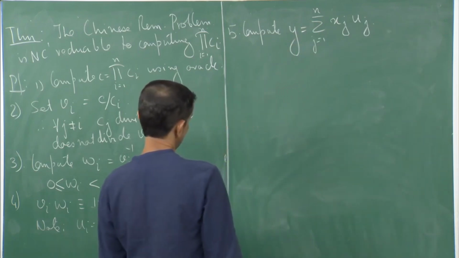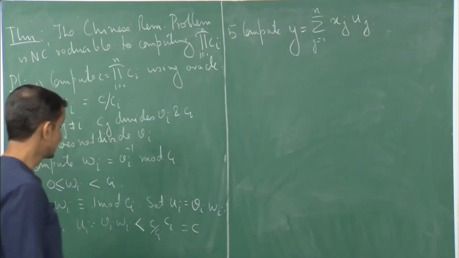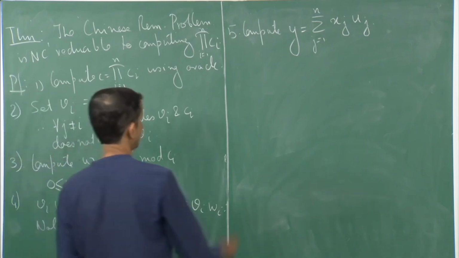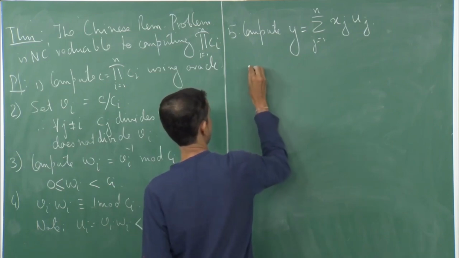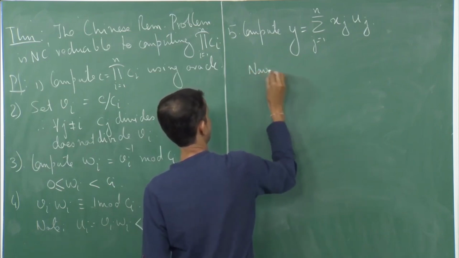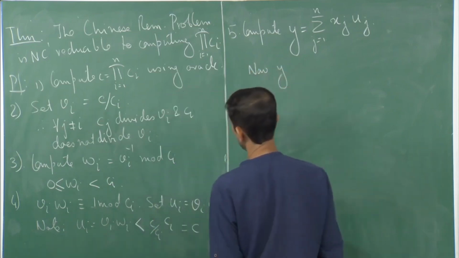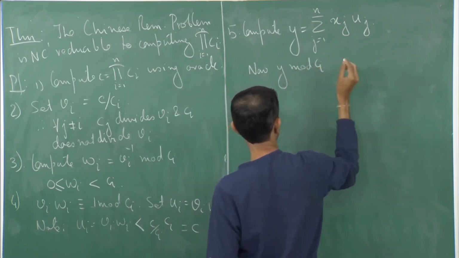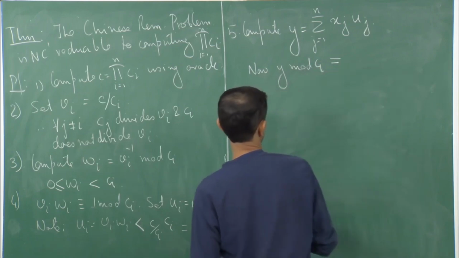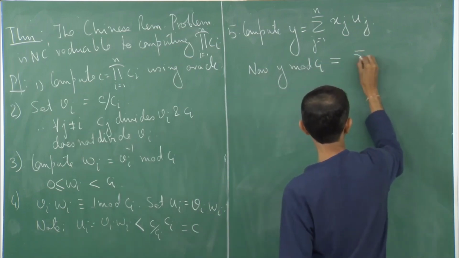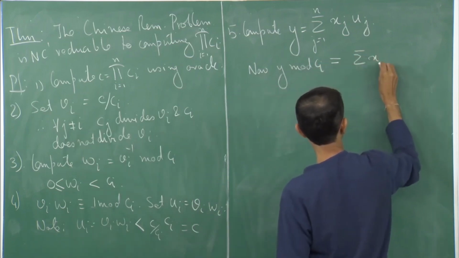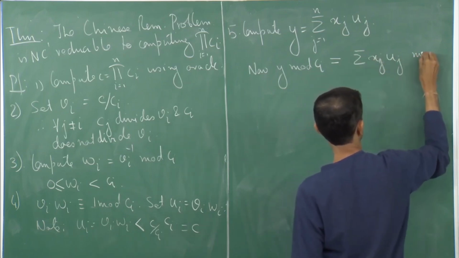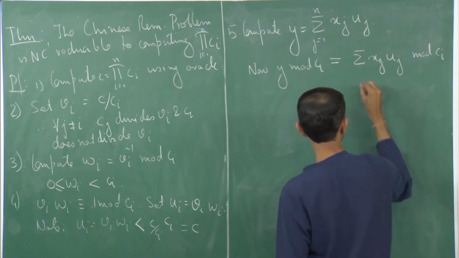Okay. So what can we say about y over here? Now y mod Ci is equal to the sum of xj uj mod Ci.